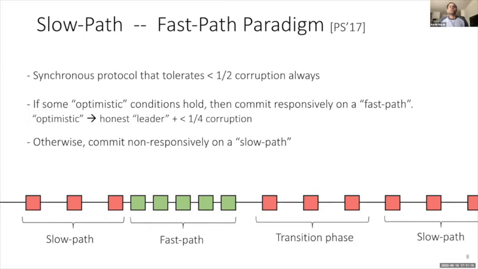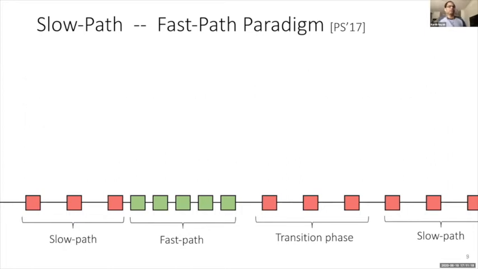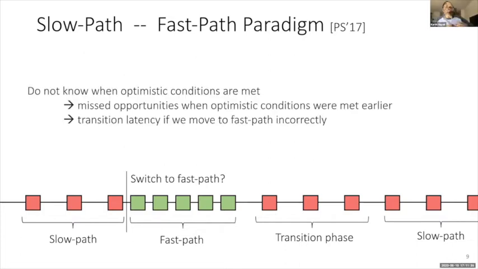Then a key question that comes into the picture is, how do I decide when to move to the fast path? I want to move to the fast path only when optimistic conditions are met. However, there's no easy way for me to figure out when these optimistic conditions are met. If I try to be extremely cautious and am very late in moving to the fast path, then I'll have missed opportunities when optimistic conditions were indeed met earlier.